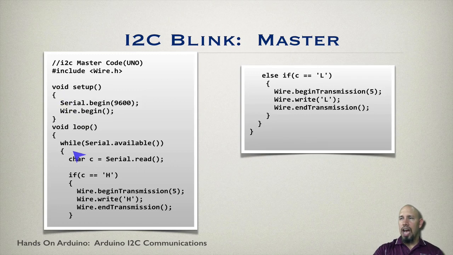The loop routine is what we're going to use to tell the slave to turn on or off the LED. In this case, we're going to use on the slave the LED that is on pin 13, so we don't actually have to do any additional hardware on that side.